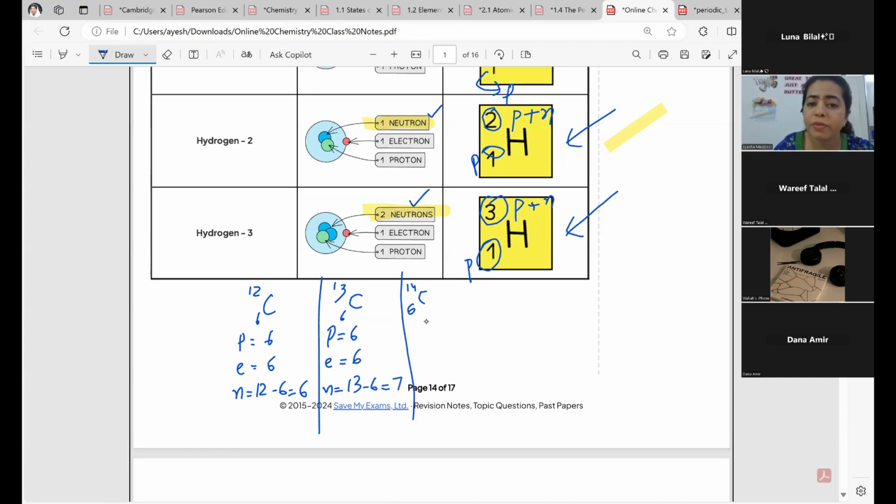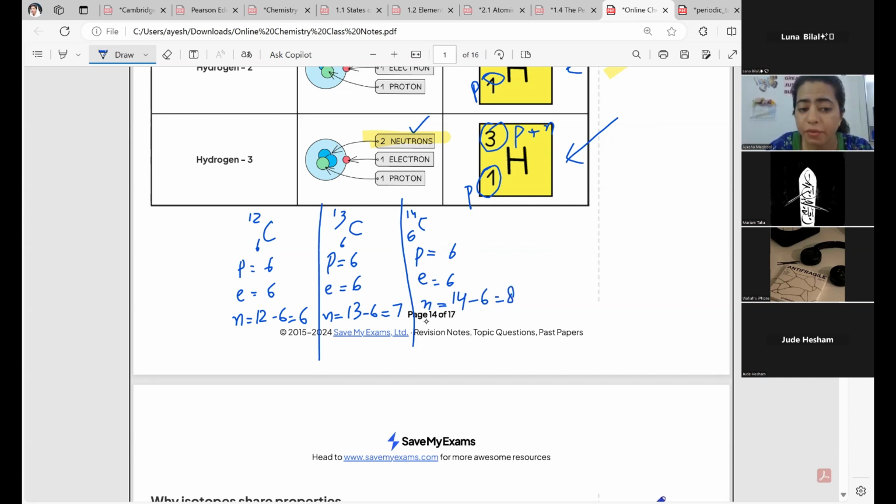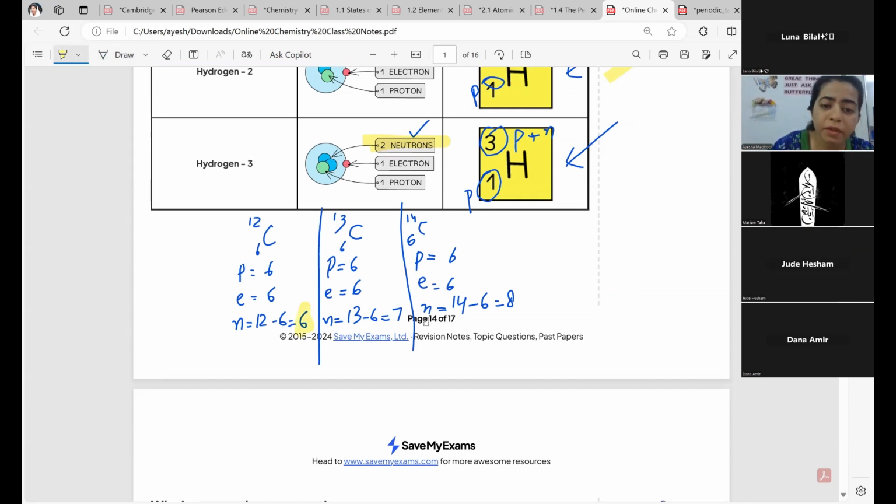Take the third isotope of carbon: protons 6, electrons 6, and neutrons 8. So now check out, they have different numbers of neutrons: 6, then 7, and then 8. Because of the difference in neutrons, they have different mass numbers as well.